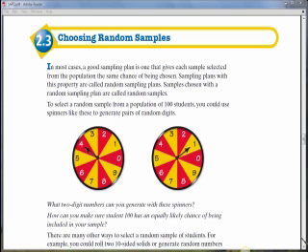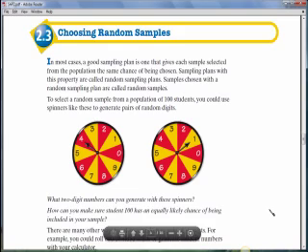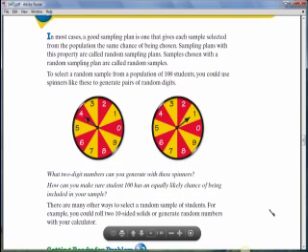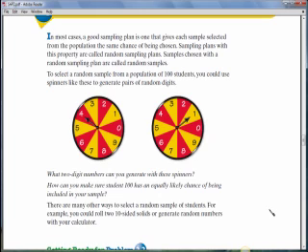There are many other ways to select a random sample of students. For example, you could roll two 10-sided solids or generate random numbers with your calculator, which is actually what we're going to do in this investigation. So I'll show you how to do that later. But why don't you go ahead and pause the video and answer those two questions above with your partner.